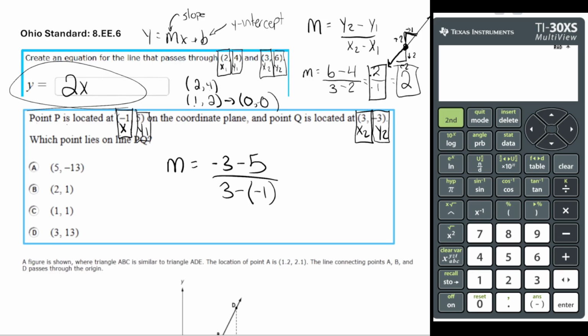Remember, if you're substituting in a negative number, you always want to make sure you put parentheses. That way you don't fail to realize that's two negative signs. Put this into your calculator.